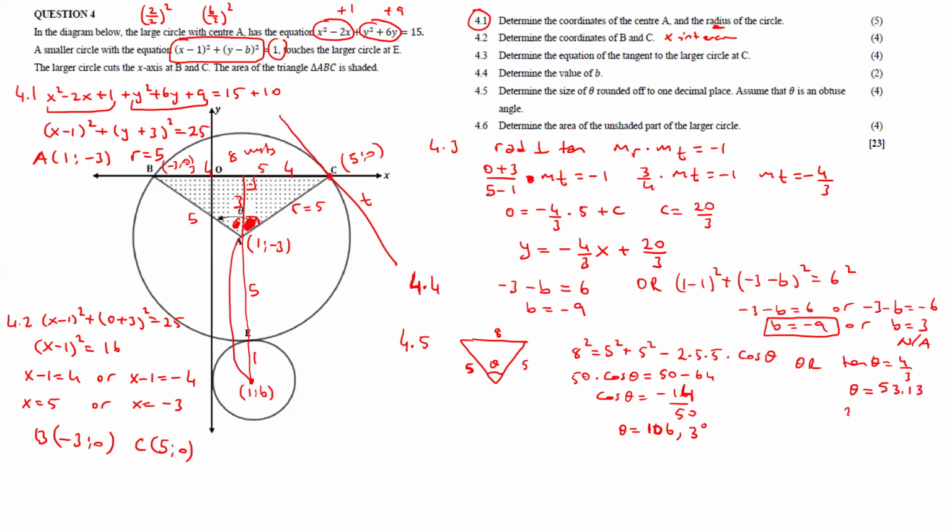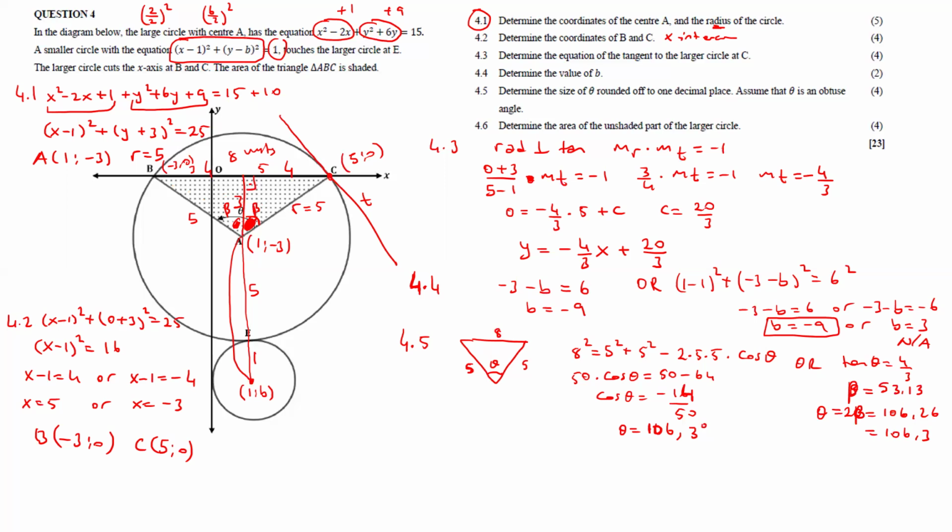If you multiply this by 2, theta is 106,26. If you round it off, you'll get 106,3. Let's call this another angle, beta. Then it makes sense: 2 beta will be equal to theta. That's another way of finding that.